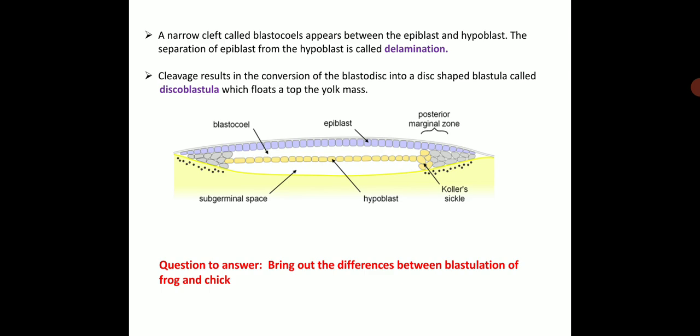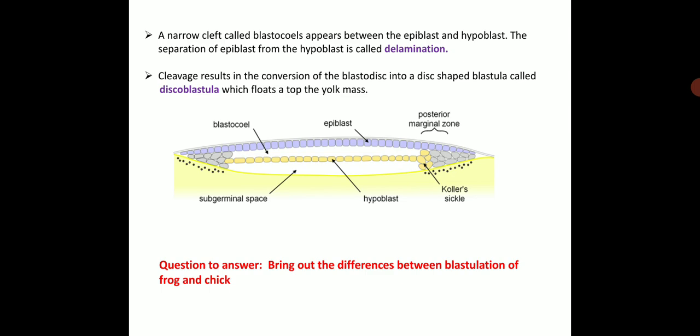This separation of the epiblast from the hypoblast we call delamination. The cleavage results in the conversion of a blastodisc into a disc-shaped blastula called the discoblastula, which floats at the top of the yolk mass. So this is the blastulation and cleavage you find in the chick.